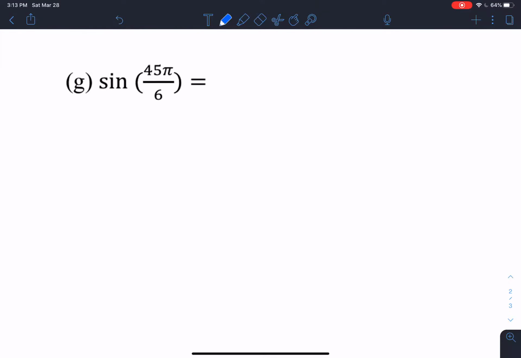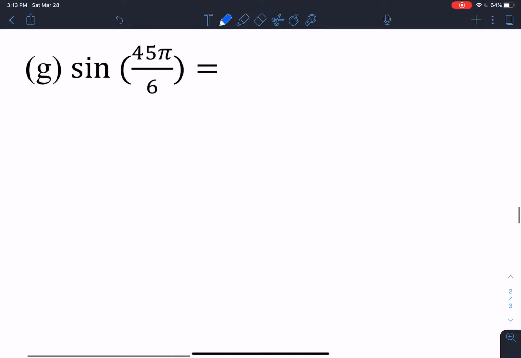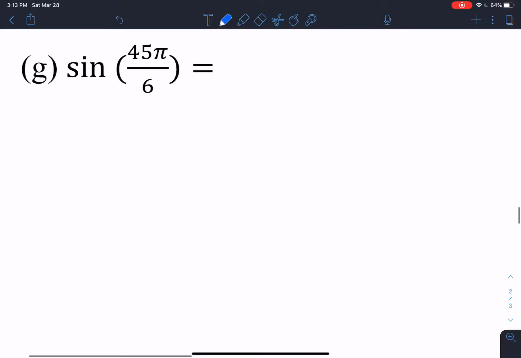Okay, so these last two, they're a little bit bigger, right? So talking about 45 pi over 6. The angle that we're using is pi over 6, which is root 3 over 2 and 1/2.